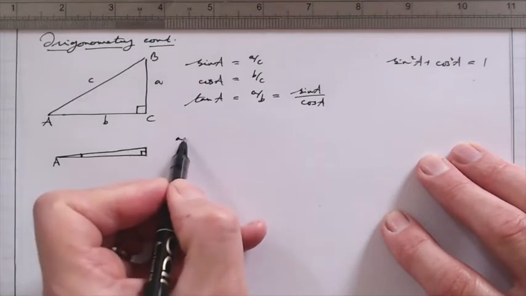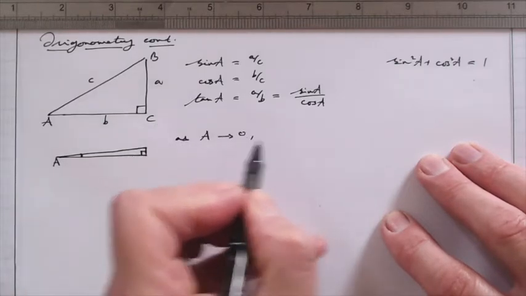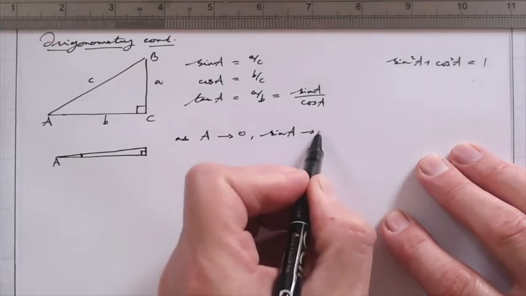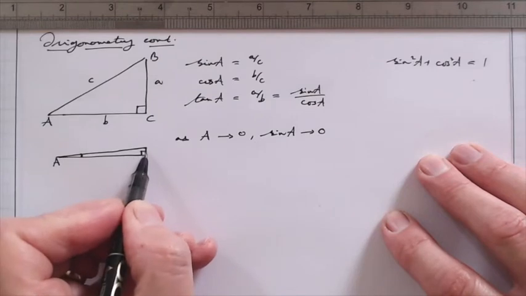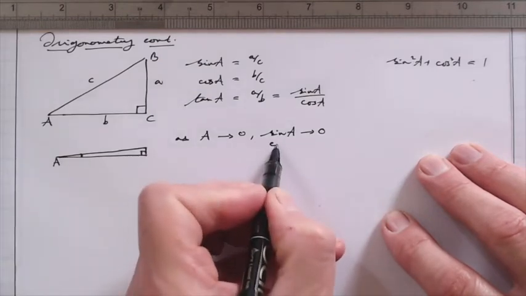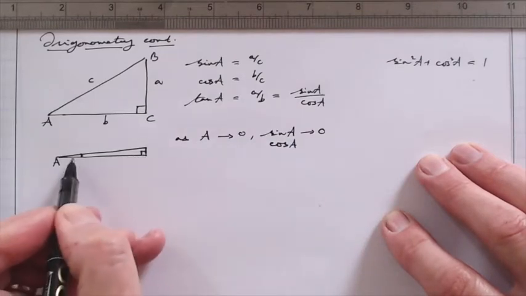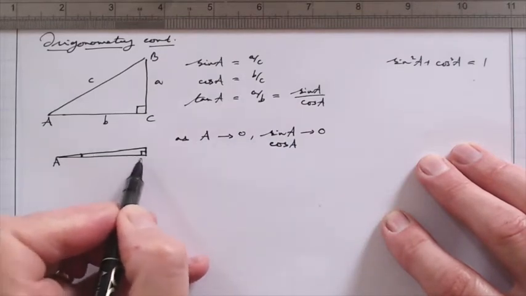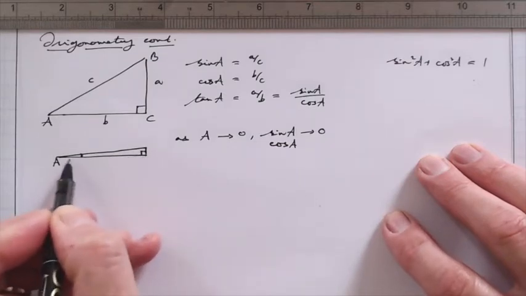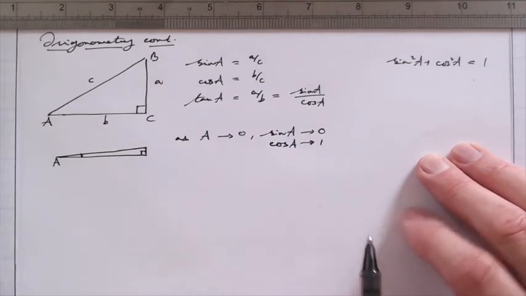So as the angle A goes to 0, what we can expect is that the sine of A will go to 0 as well, because this opposite length will just vanish as the angle A vanishes. At the same time, the cosine of A, which is the adjacent over the hypotenuse, these two lengths become essentially equal. It's like a hairpin. And so the cosine of A should approach 1.